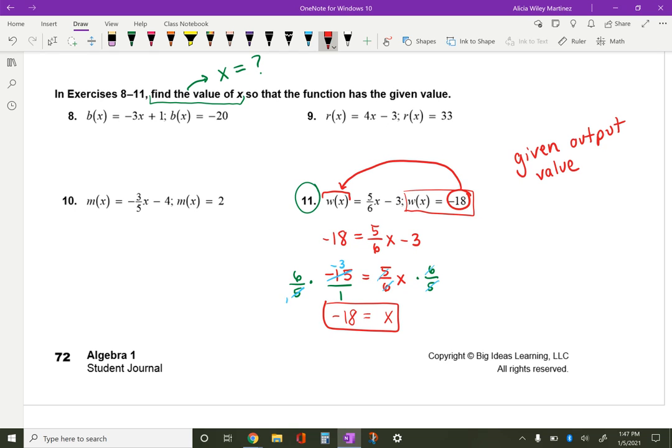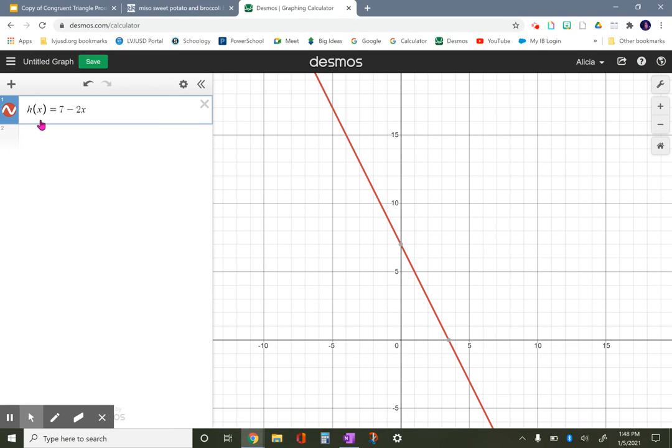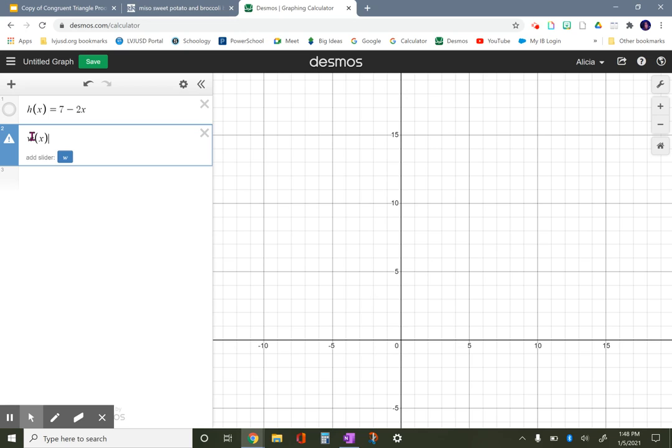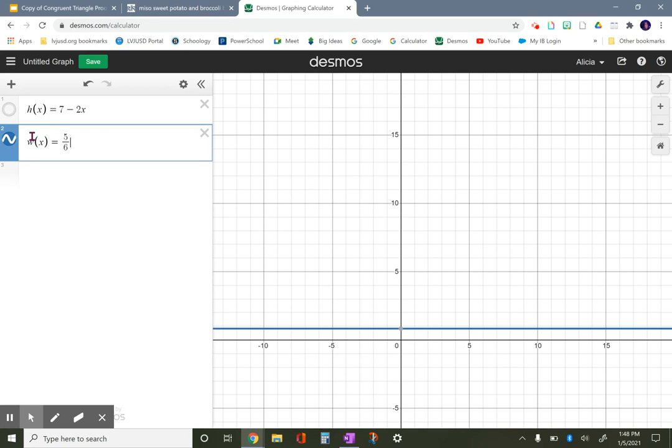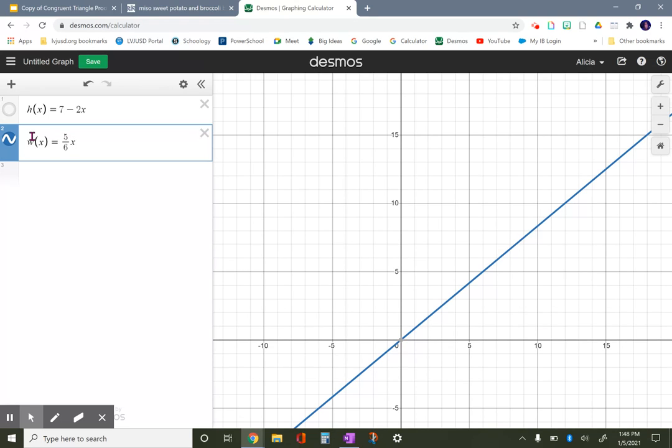So let's go ahead and check our answer using Desmos. I'm going to go back to Desmos. I'm going to undo this one here. I'm going to do w of x equals 5/6 x. I believe it was minus 3.